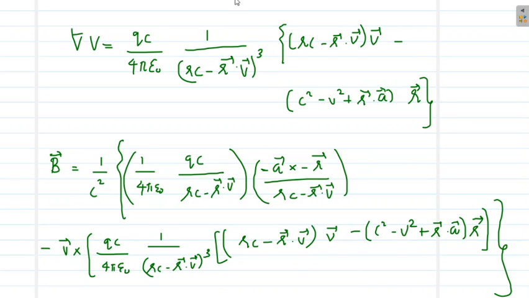First, let us take some terms as common. We can see that QC by 4 pi epsilon 0 into RC minus R bar dot V bar the whole cube comes here, and here RC minus R bar dot V bar whole square comes in the first term. So let us take that term as common.